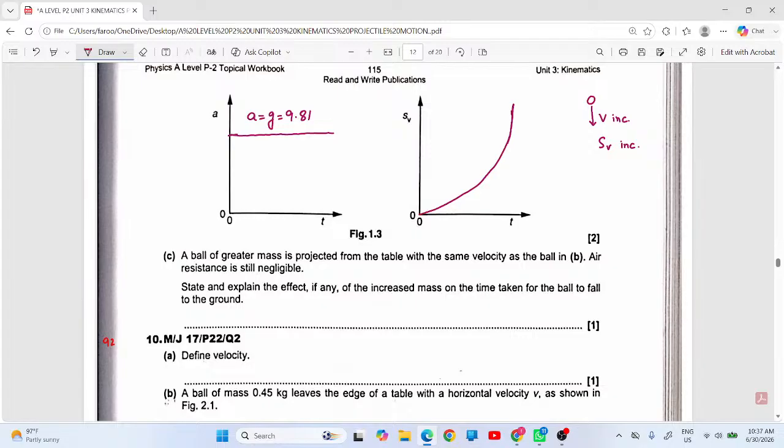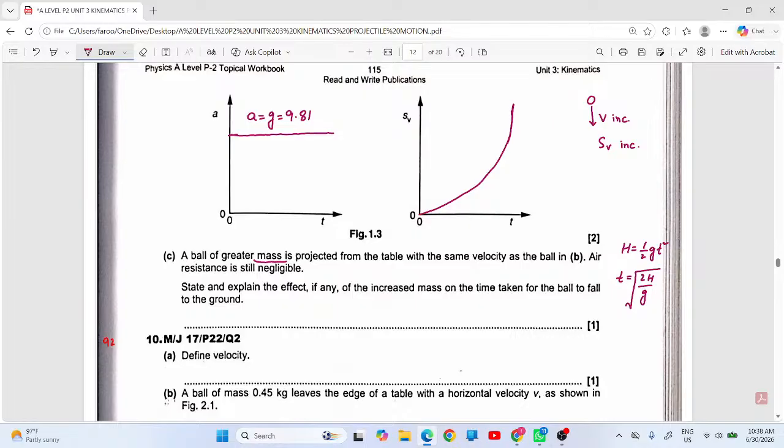If the ball has greater mass, consider the time taken for the ball to fall to the ground. We can use h equals half g t squared, so t equals the square root of 2h over g. From this equation, the time doesn't depend upon the mass of the body.